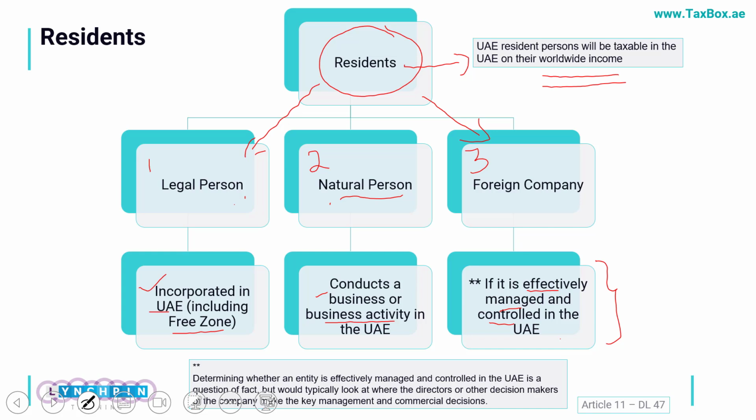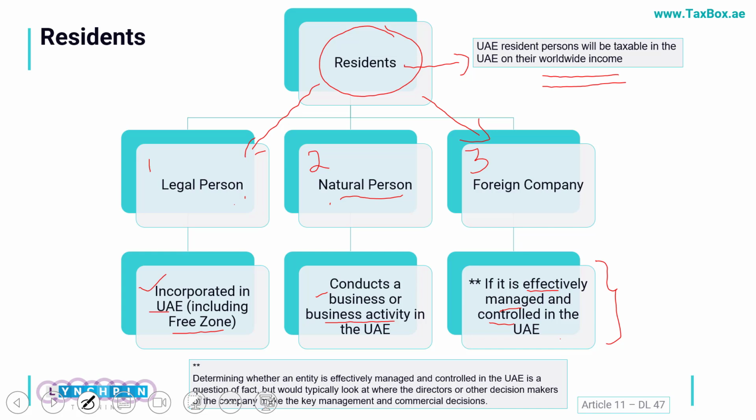But if its CEO, the board members, all those who decide about the company affairs are sitting in UAE and effectively control and manage the entity from within UAE, in that case it would be considered as resident, and its global income would be taxed here. I'll give you an example.